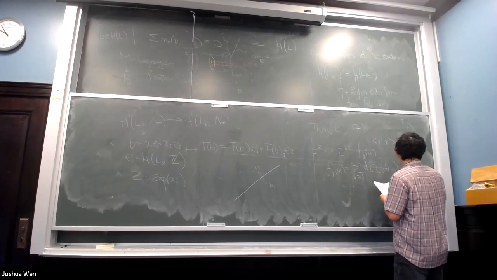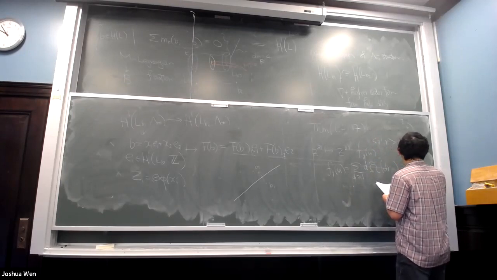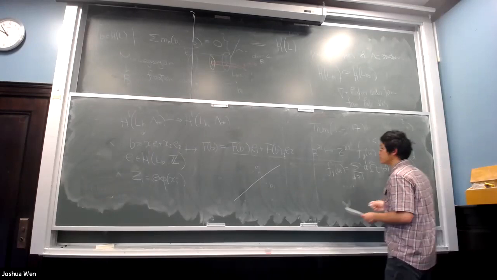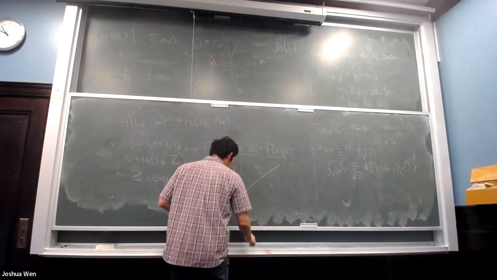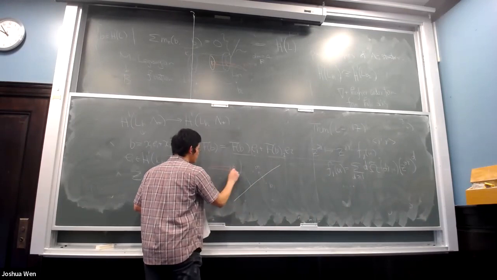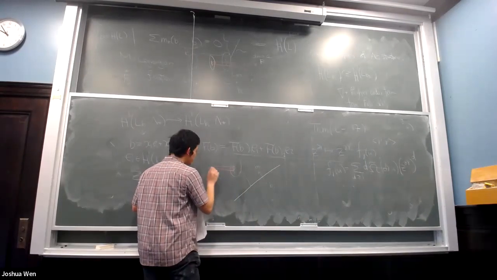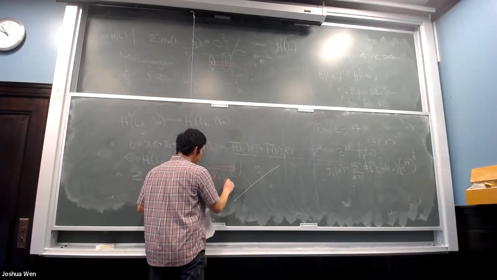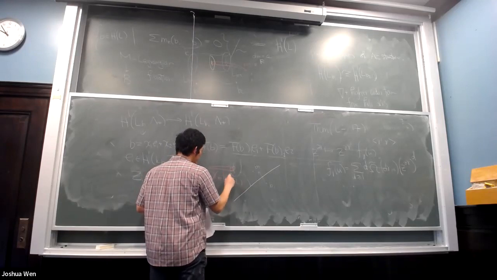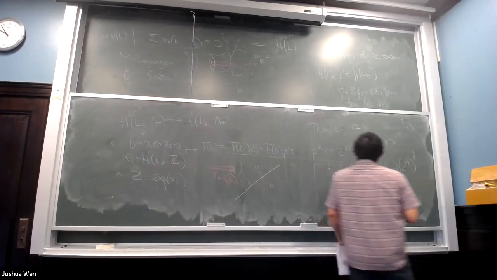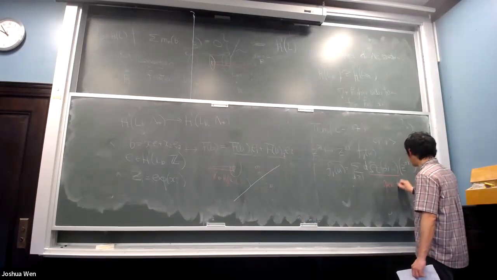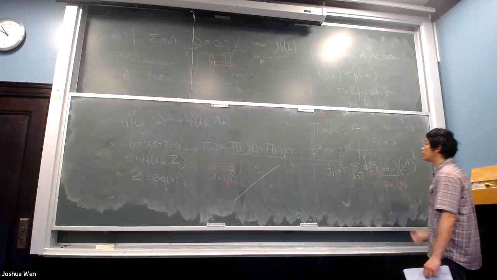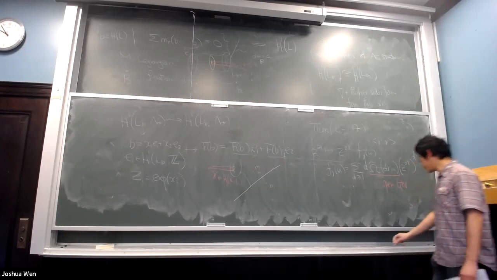If you have the fibers here that bound the holomorphic disk, and that's in the class gamma in the relative homology, then you want to count these open Gromov-Witten invariants. And here this is Z gamma.